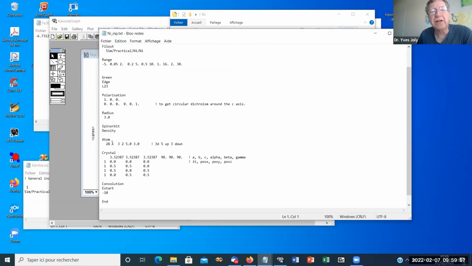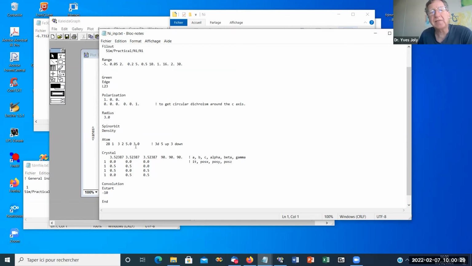I define one orbital, which is a 3d, and I put 5 electrons up and 3 down. And because I've used this keyword, now I don't write the atomic number 28 anymore, but I write 1 just to say that it is the first atom. It's the first line under atom, because we could have different kinds of atoms and another line with another atom, with another index.